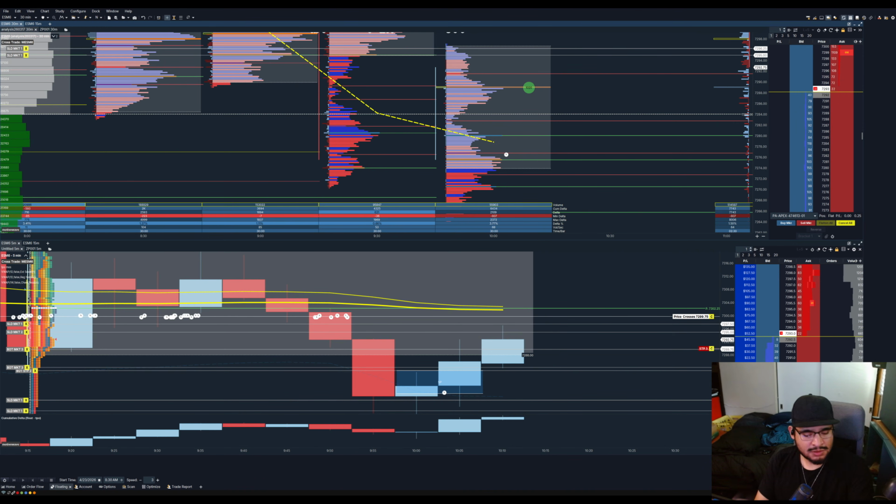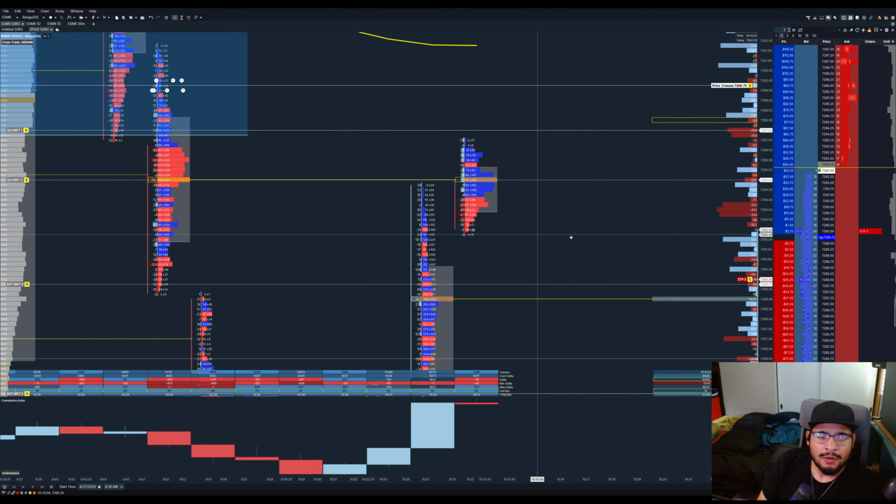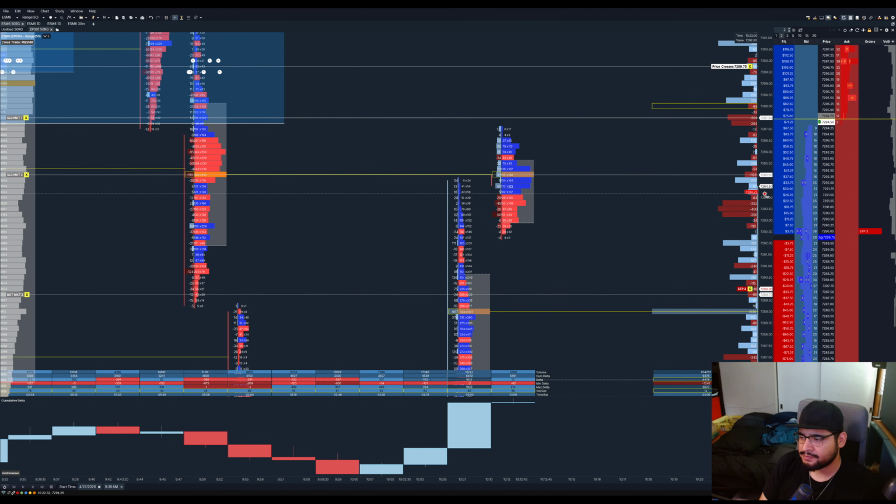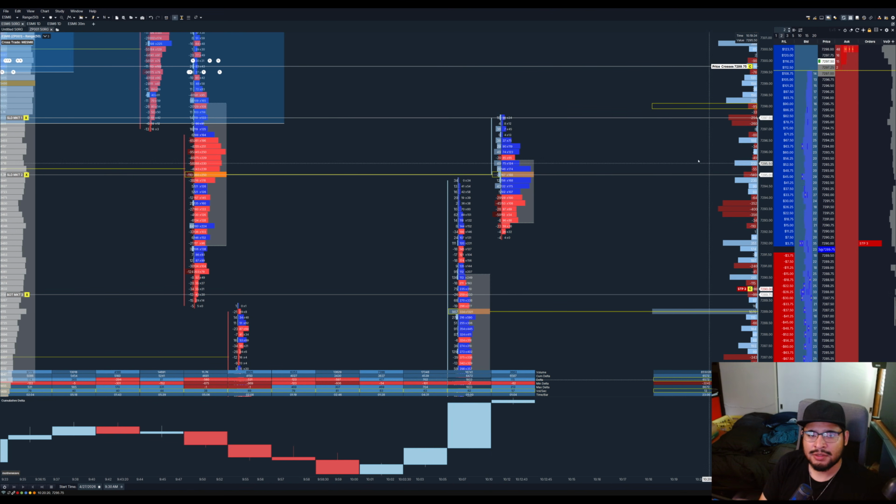We're seeing this kind of balanced looking profile here on the 50 tick range chart. See if we can continue to push up.